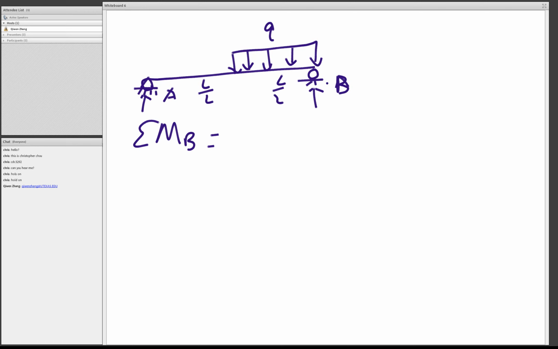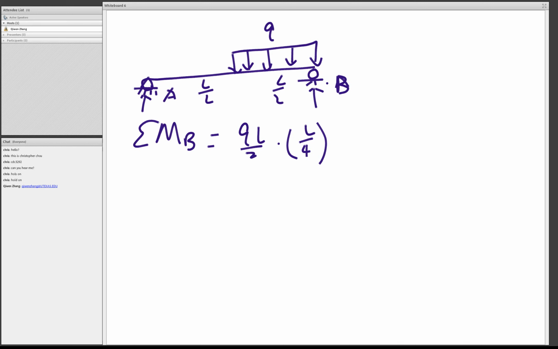So Q is rotating counterclockwise, right? So it's positive. So it's Q L over 2 times the centroid distance L over 4, and then the reaction force at point A is rotating the bar clockwise, so it's negative.